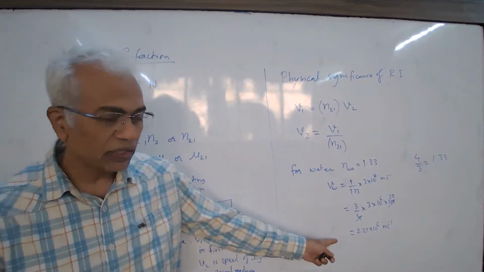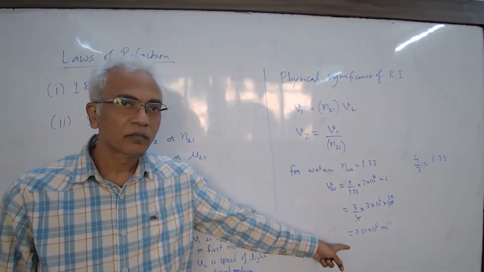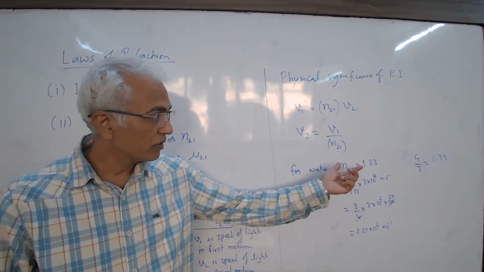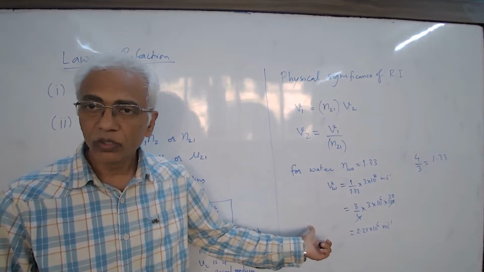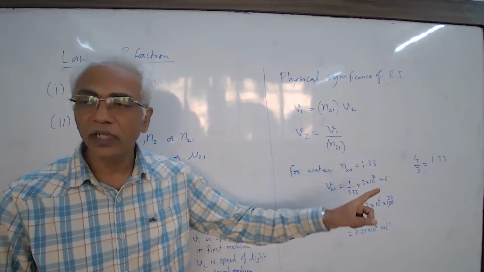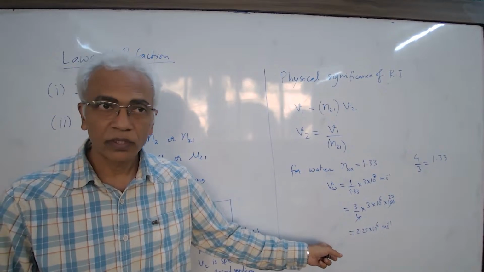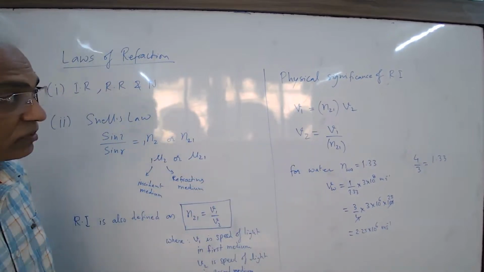So speed of light in water is this. Got it? So the refractive index of a medium gives you the idea about what the speed of light is going to be in that medium. So that's the physical significance of refractive index.